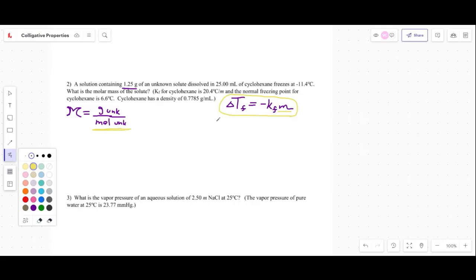So the freezing point of the solvent is, like I said, how I work this out is effectively delta T of the freezing point, or delta T of the boiling point as well. In this case, the freezing point of the solution minus the freezing point of the solvent.